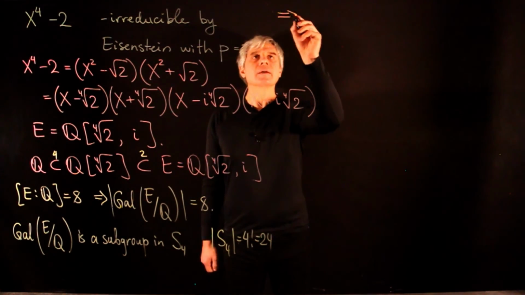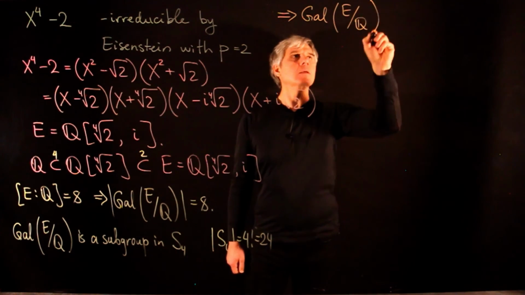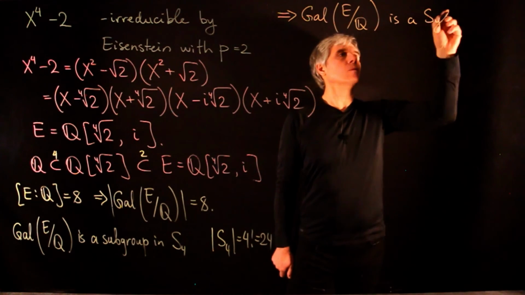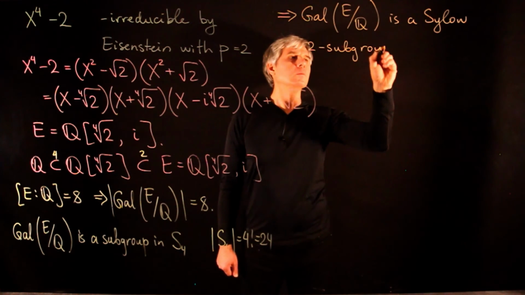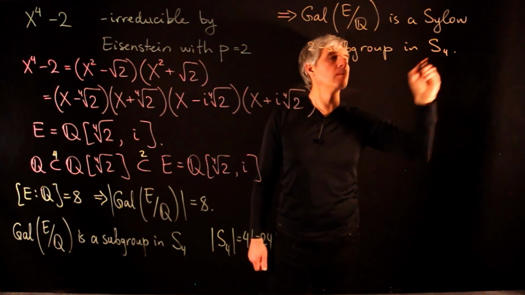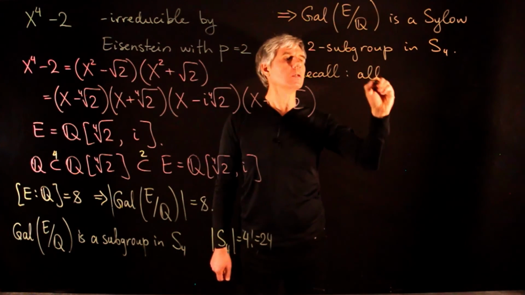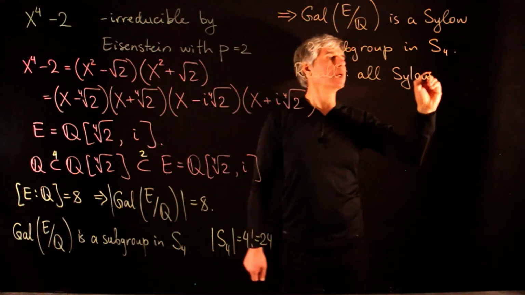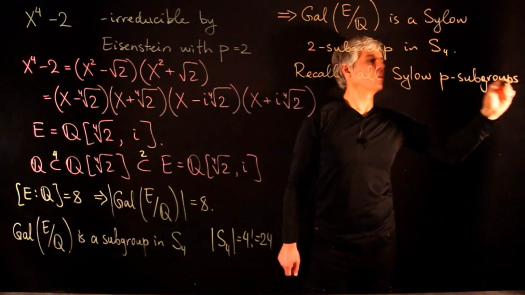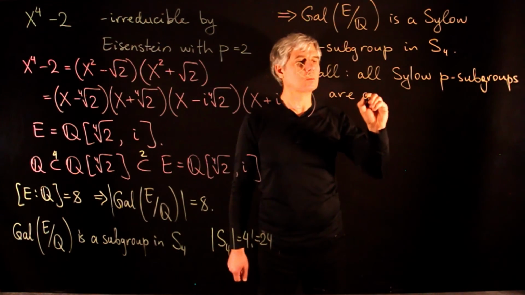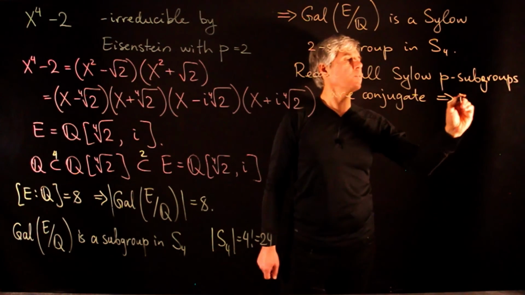This tells us that this Galois group is a Sylow 2 subgroup in S4. So recall that all Sylow p subgroups are conjugate and hence isomorphic.